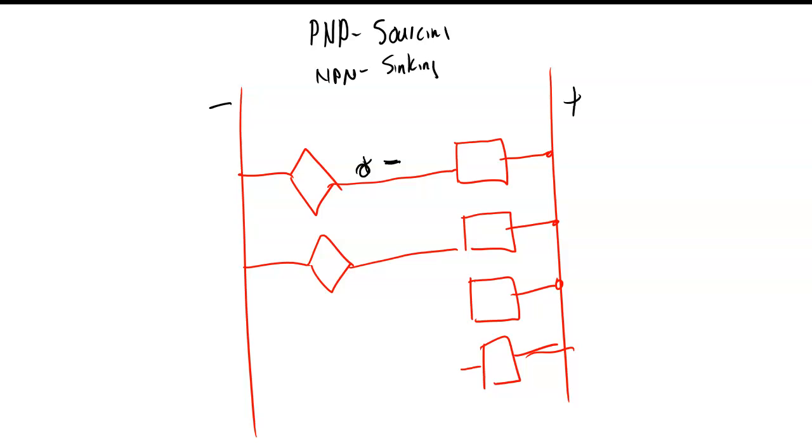Everybody okay? So if the programmable controller or the system, if the loads use a positive common, then I've got to use a positive L2, then I've got to use a sinking sensor, right? If it uses a negative L2, then I've got to use a sourcing.